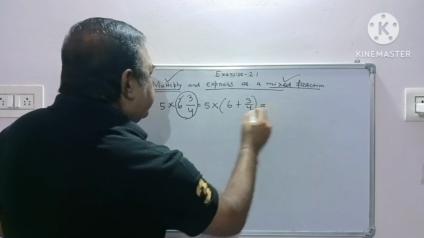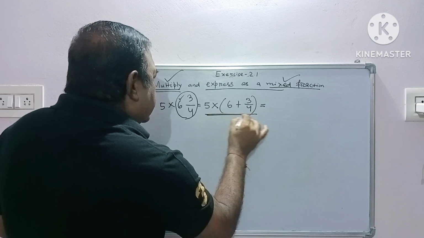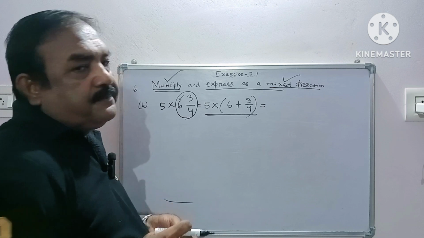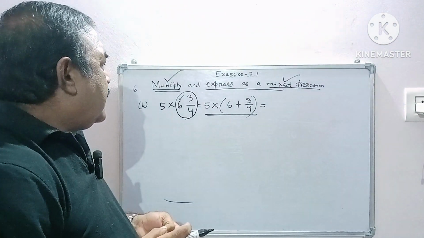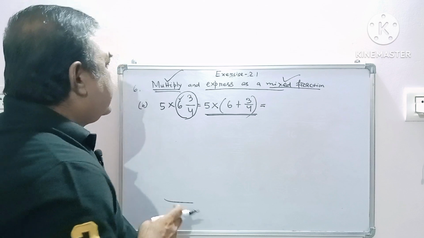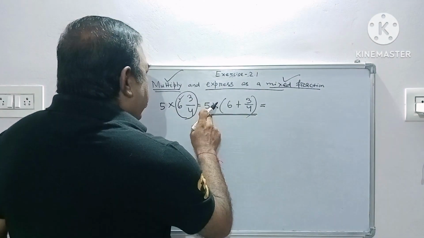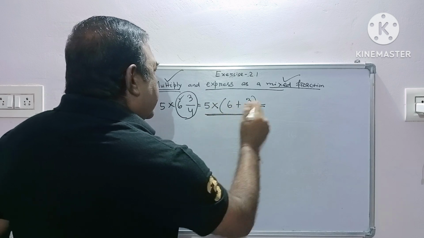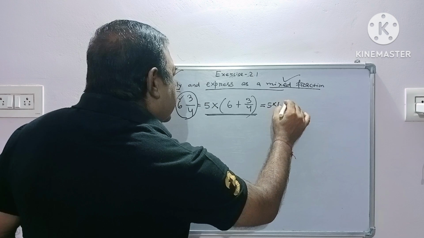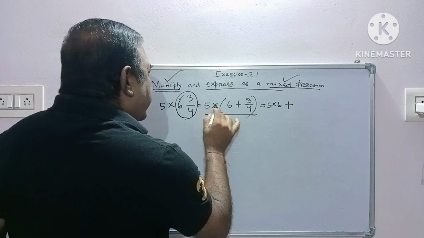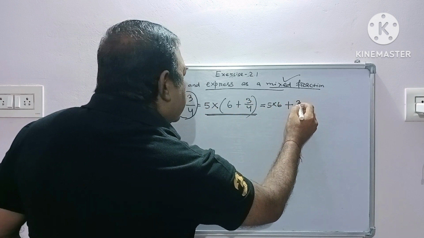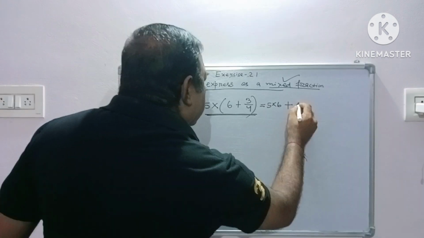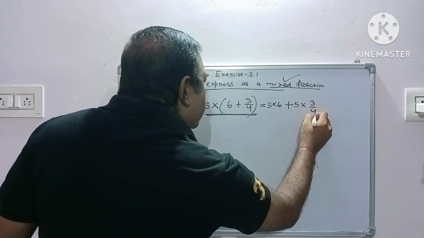So you see, you apply the distributive law of multiplication over addition. So what do you write? A into B plus C equals A into B plus A into C, like this. 5 into 6 plus 5 into 3 upon 4.